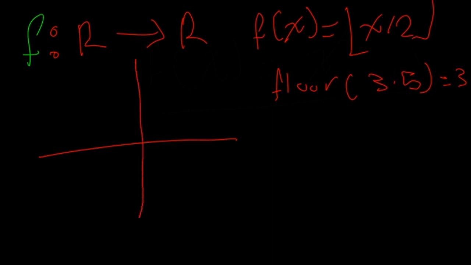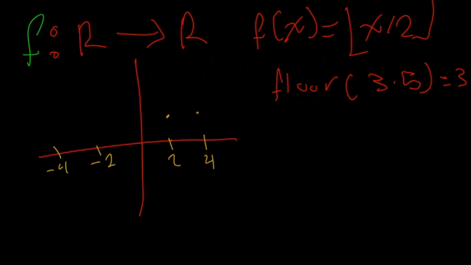So if you draw it, you have values 2, 4, and here you will have minus 2 and minus 4. Now let me draw them. Take for example 2 divided by 2, which is 1, and 4 divided by 2, which is 2.